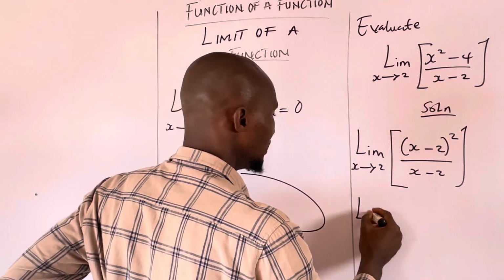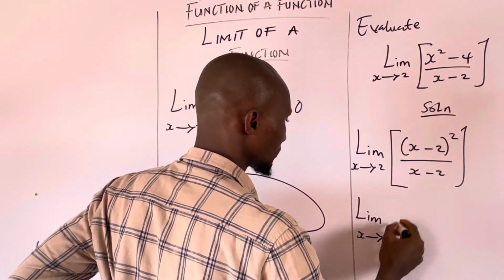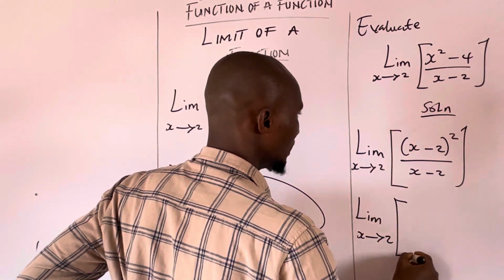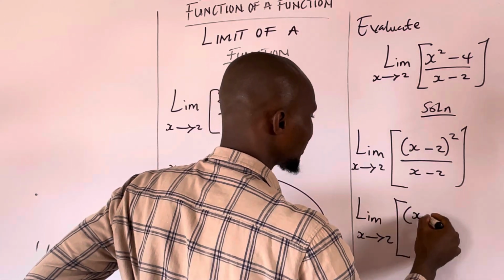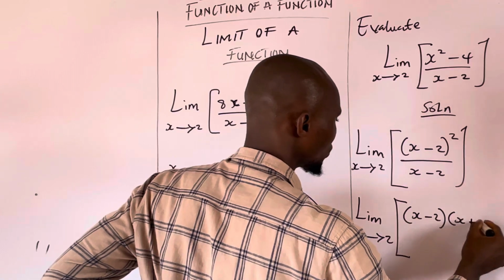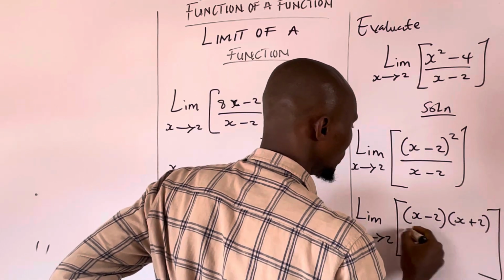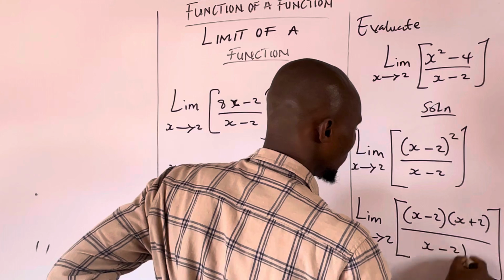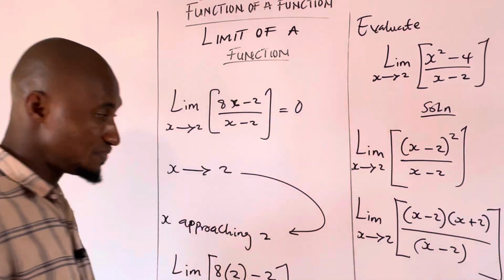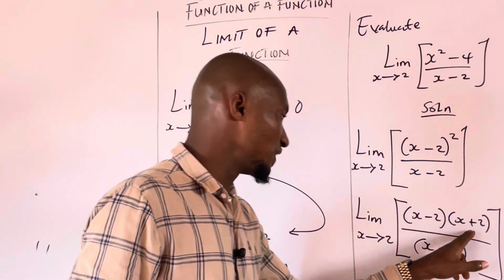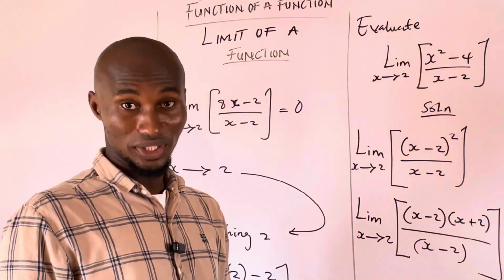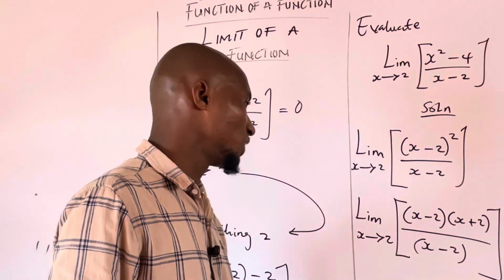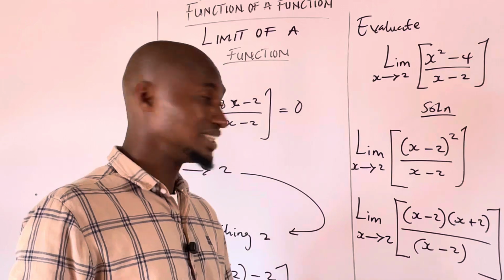This also means (x minus 2)(x plus 2) over (x minus 2). So this thing is the difference of two squares. Did you understand now?